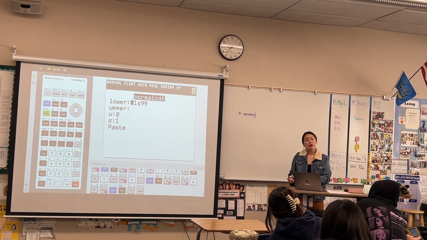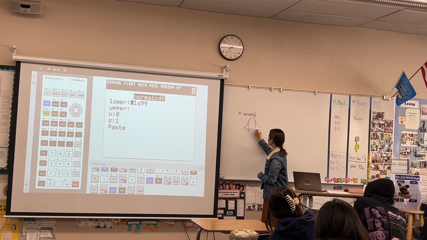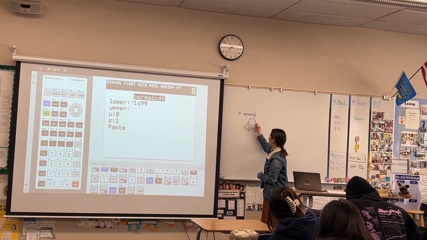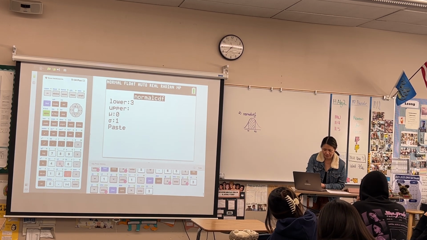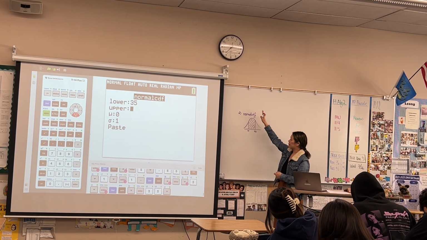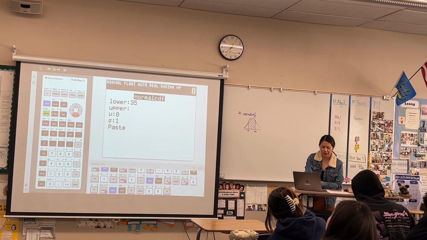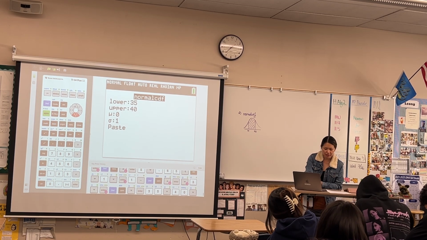Now it's asking me for a lower bound. Now what that means is in the area that you're trying to find, what is that bottom number? So in that case, 35. Your upper bound is the upper cutoff of the area that you're looking for. So that's 40. The mean, they tell you, is 38.6.